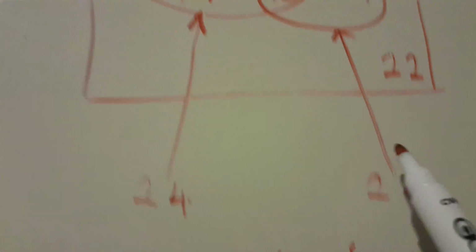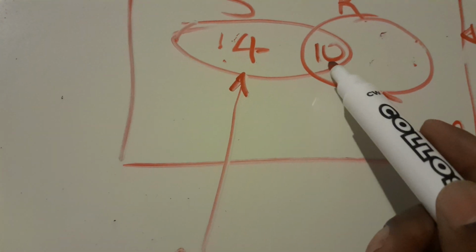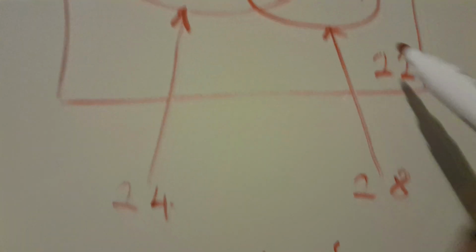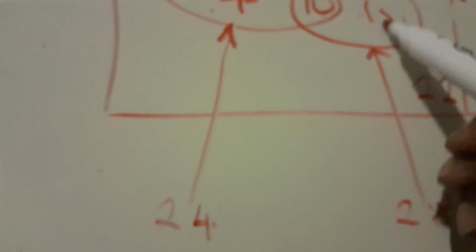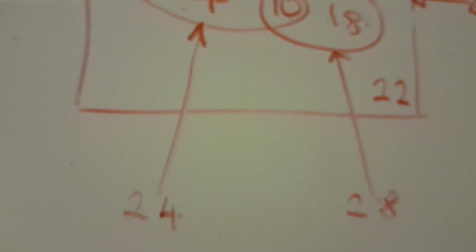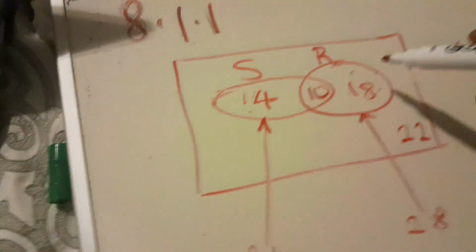If there are 28 who are playing rugby and 10 play both, it means how many do we have here? 18 who play rugby only. If you've done this correctly, you're supposed to get 5 marks for that.